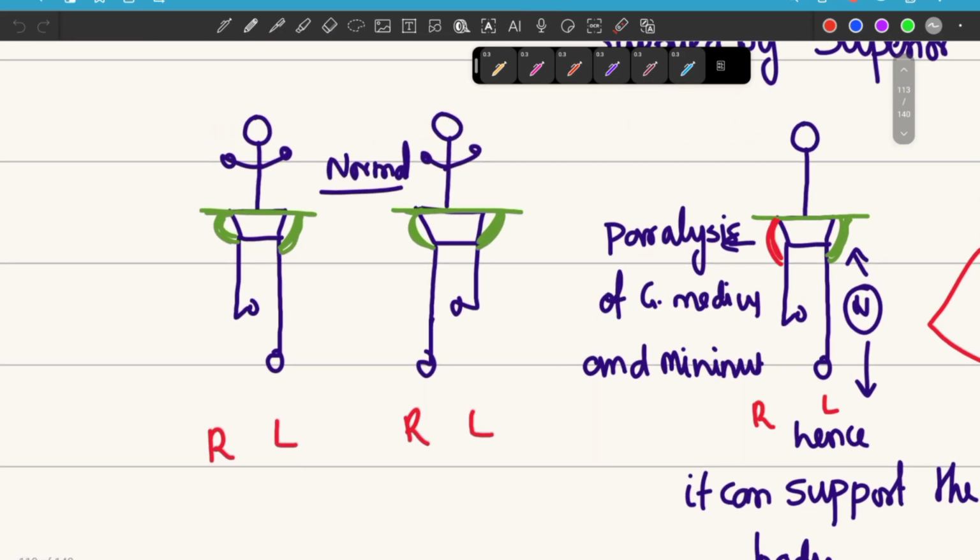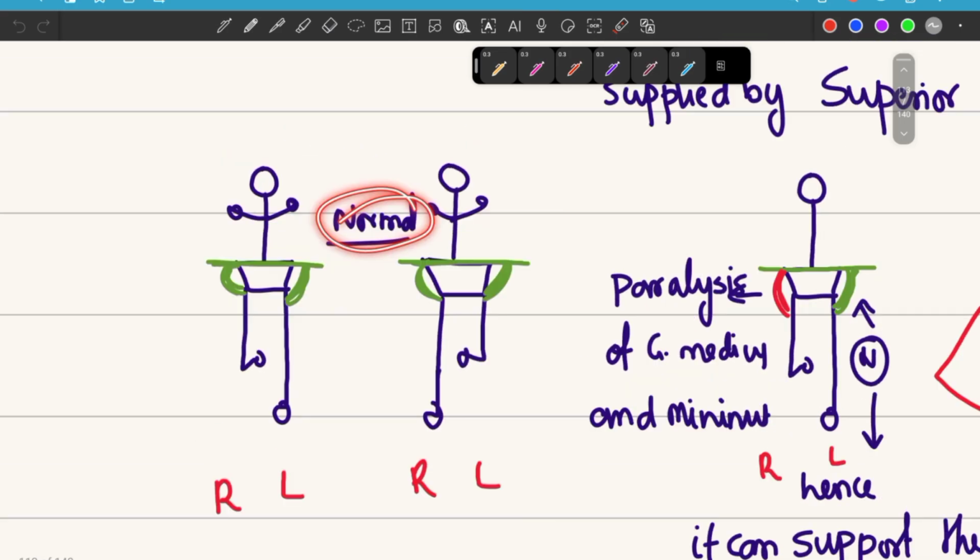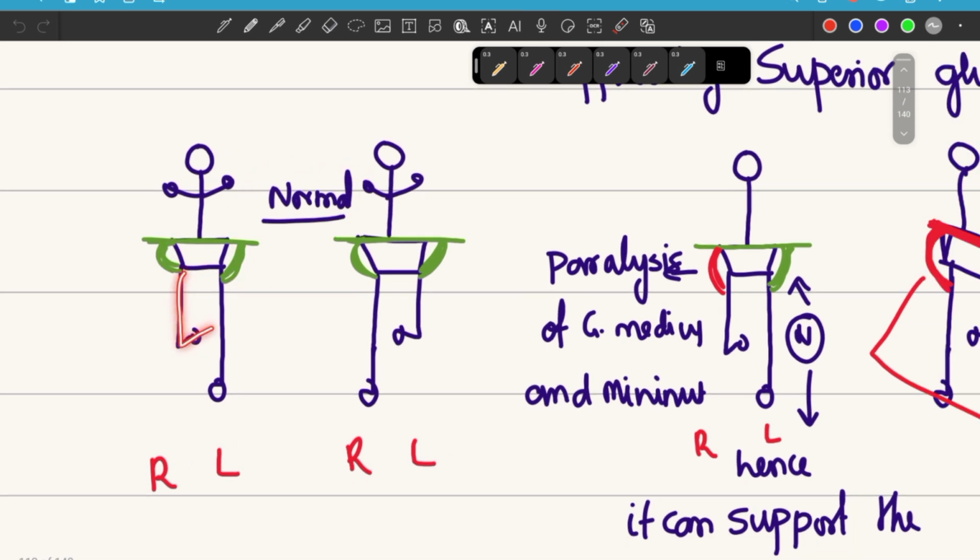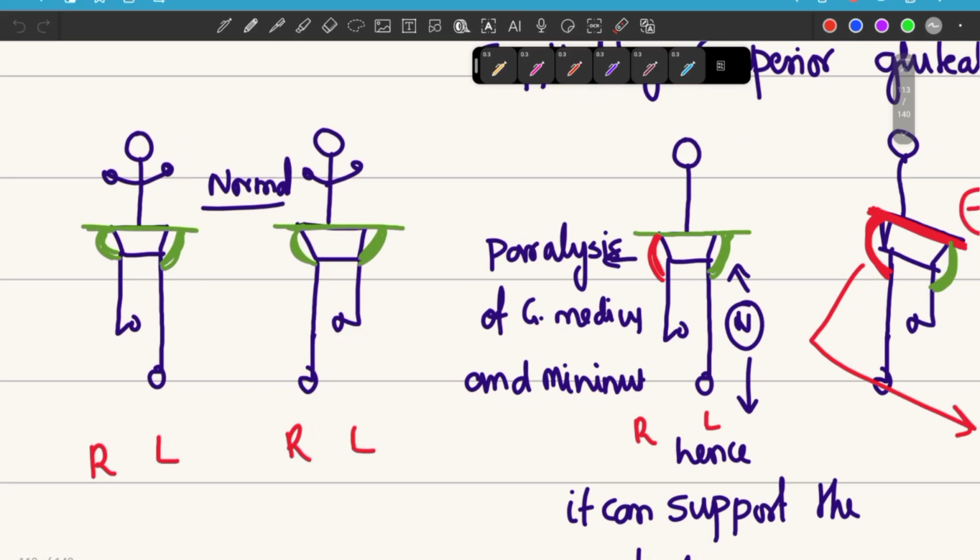Let's see the diagram now. This is the normal person. Gluteus medius and minimus are normal. So when he lifts off the right leg, the left leg is there to support him. Whereas when he takes off the left leg from the ground, the right side will support the body.